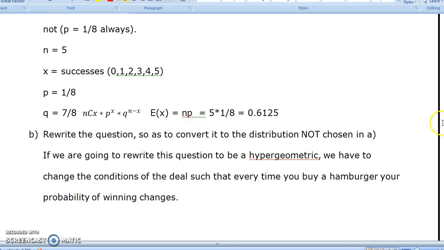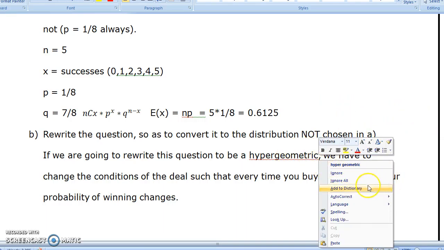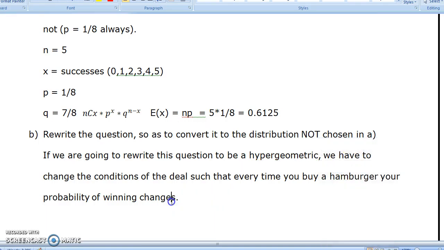That's the main difference. You might think to yourself for a second, or talk to the person beside you, how would we make this contest change so that every time I bought one, my chances of getting my next one would be different?